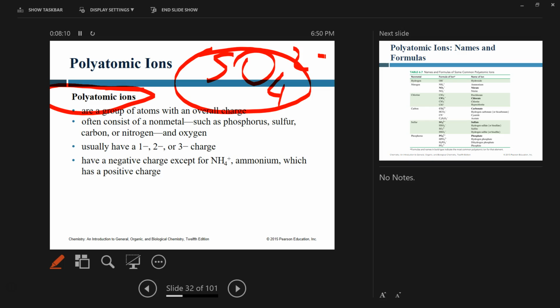Well, I can tell you up front that this particular polyatomic anion has an overall charge of 2-. So if you have 4 oxygens, and each oxygen has a negative charge of 2-, how many total negative charges do the oxygens have? 8. In order to have only 2 negative charges for the whole particle, what should be the charge on the sulfur? +6.